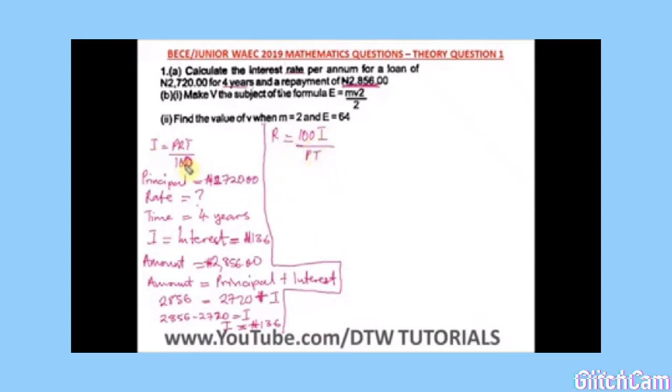This is quite easy. That's 100 times I equal to PR divided by PT. So from here, we have 100 times I, I is 136, over P is 2,720 times T is 4. From here we can cancel out, or just punch in your calculator.